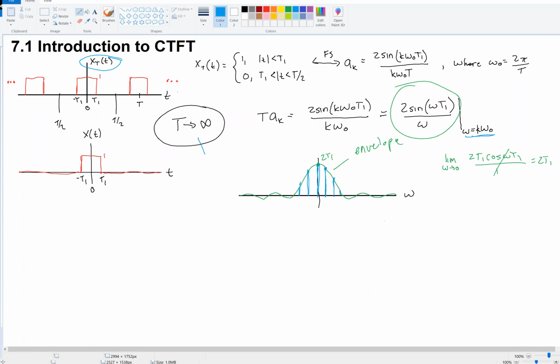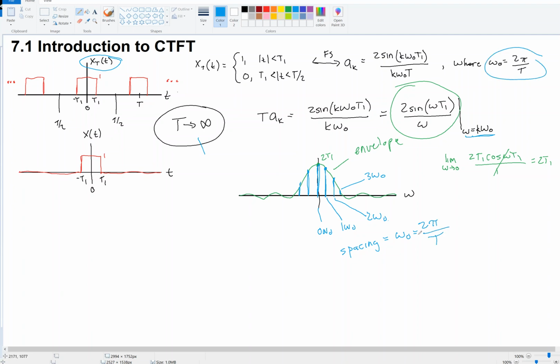So this guy was 0 omega 0, this guy was 1 omega 0, this guy was 2 omega 0, this guy was 3 omega 0. So the spacing between those bars is omega 0. And omega 0 is 2 pi over t, right?